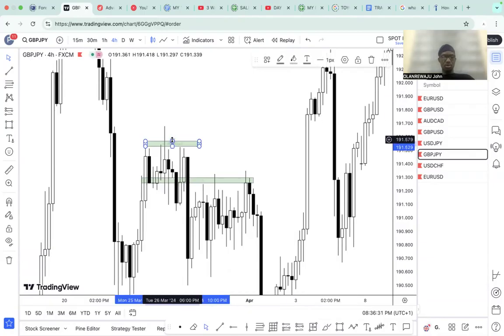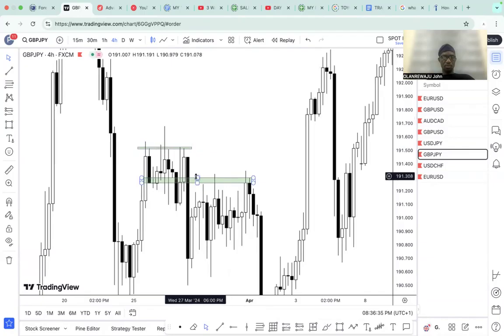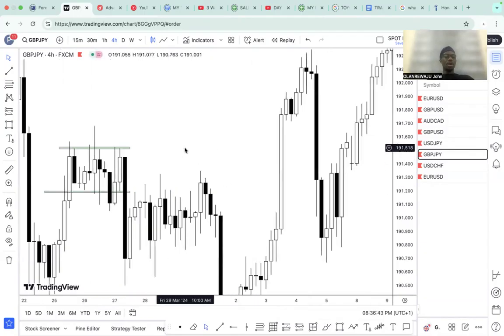Let me make this box tinier. So the market got into that place. From here, it came down, went up, came down, went up, came down, still went up. In this kind of situation, what do you want to conclude? That this is a consolidation market.